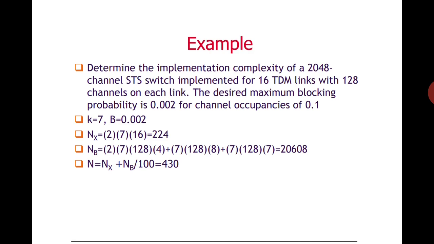So here k is equal to 7, beta is equal to 0.002, nx, by the formula we get nx, nb, and n is equal to nx plus nb by 100, so we can get the answer 430.